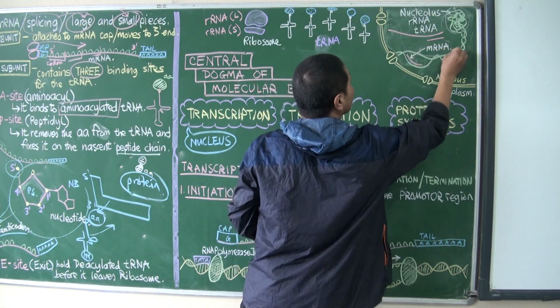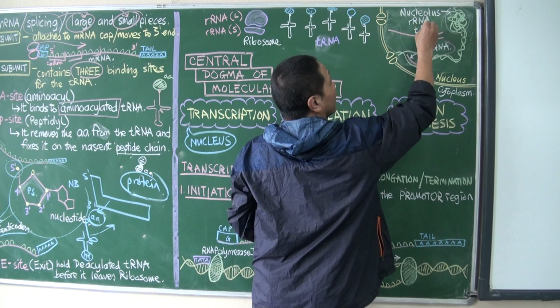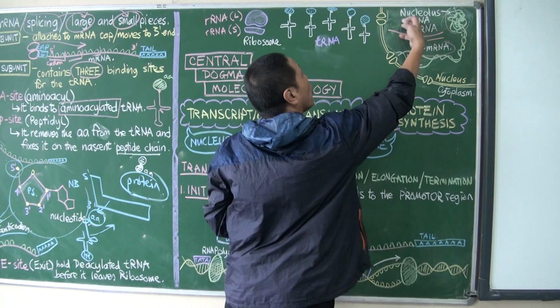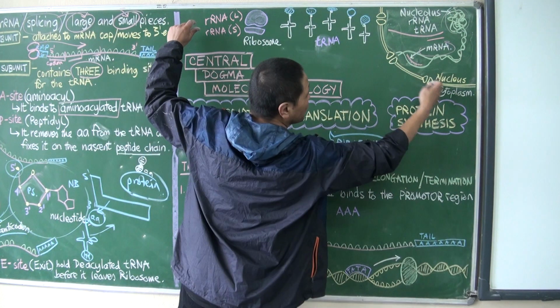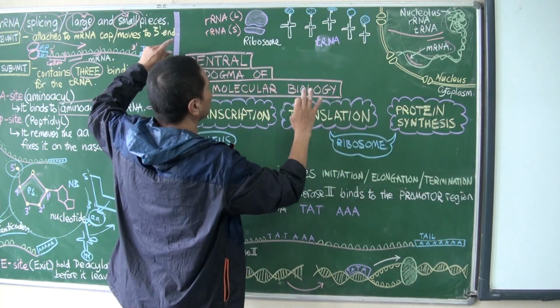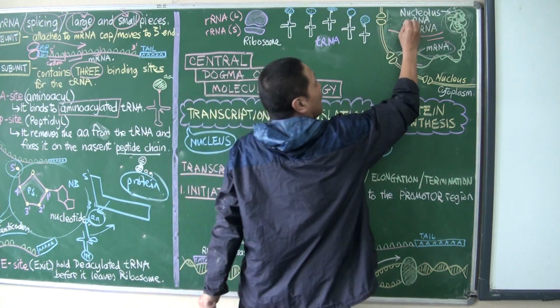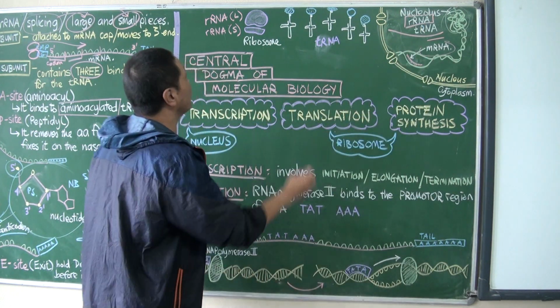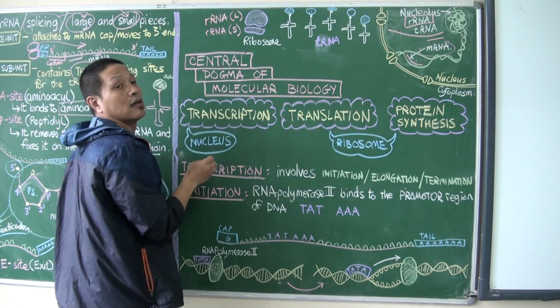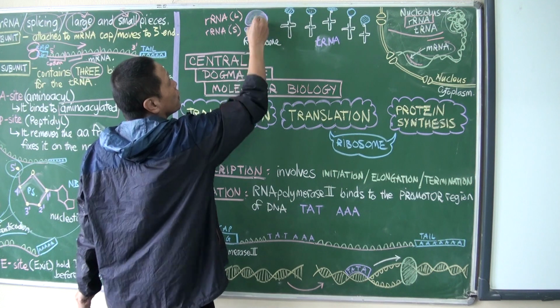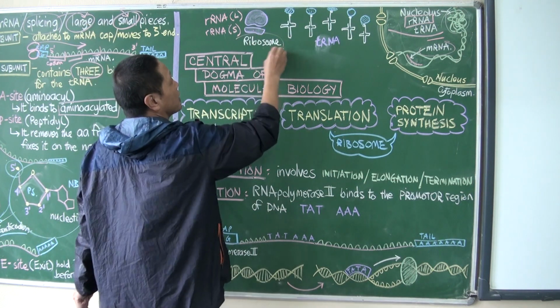But before mRNA is formed, tRNA and rRNA are already produced by the nucleolus, and they are already outside the nucleus and in the cytoplasm. In the cytoplasm, where splicing occurs, after the splicing of rRNA, it forms the large subunit and the small subunit. These two join to form a complex called the ribosome.